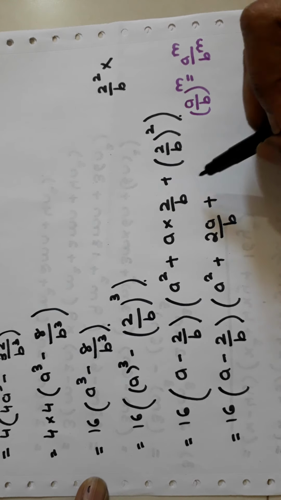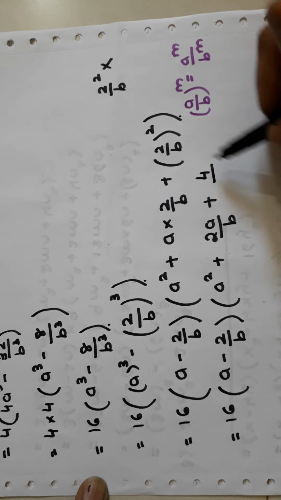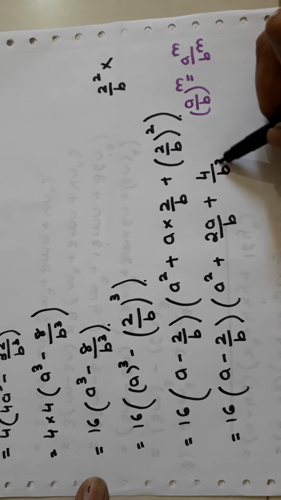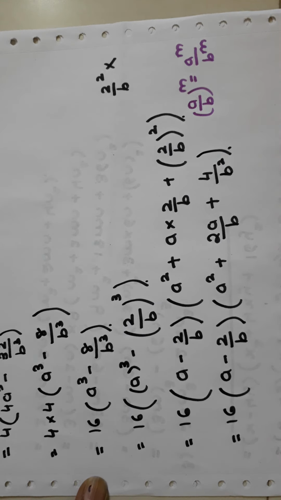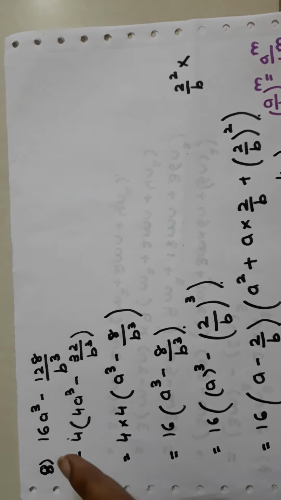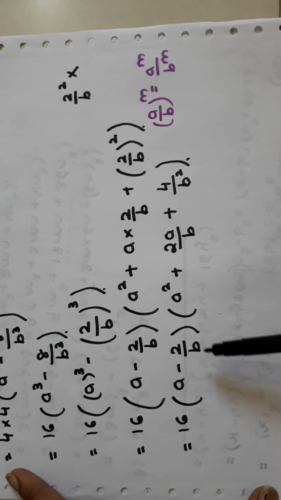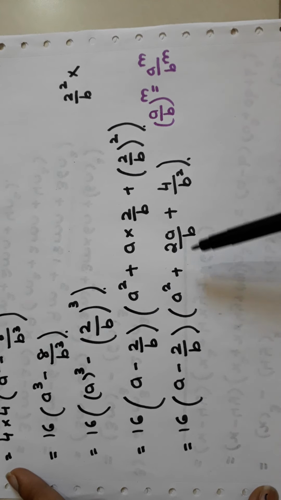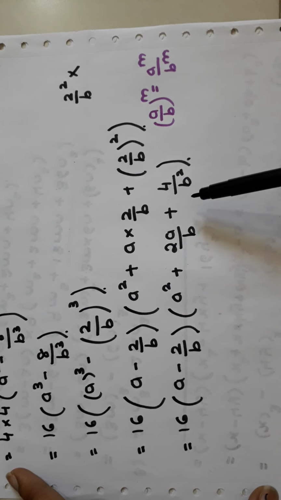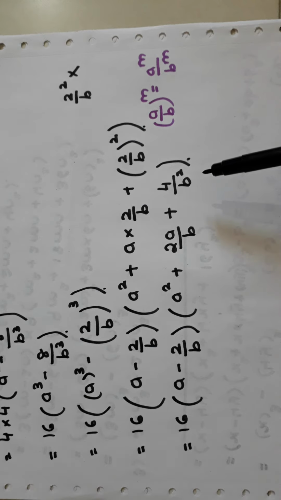So 2 square is 4 upon b square, b the whole square is b square. So that means the factors of 16a cube minus 128 upon b cube are 16, a minus 2 upon b, and a square plus 2a by b plus 4 upon b square.